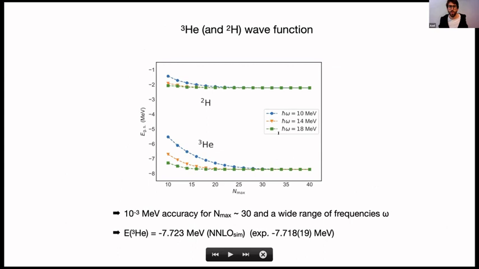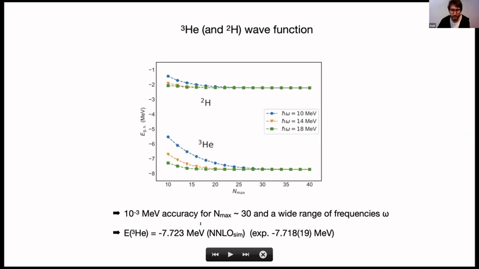So we want to say that this model does well, at least for the wave functions relevant for our calculation. In the nuclear sector, those are deuteron and helium-3, and we can see that they are very well converged already at Nmax equal 30 with very good accuracy.